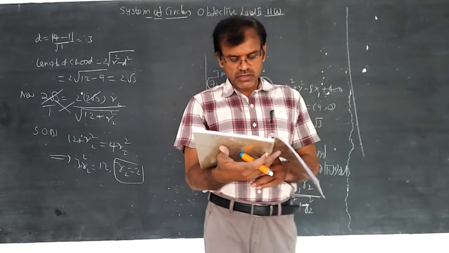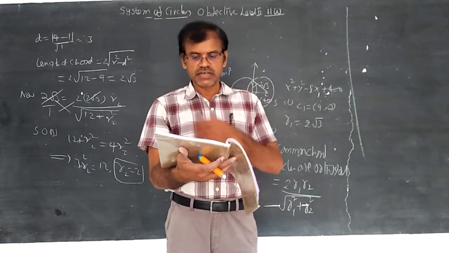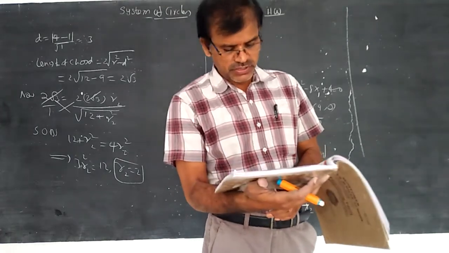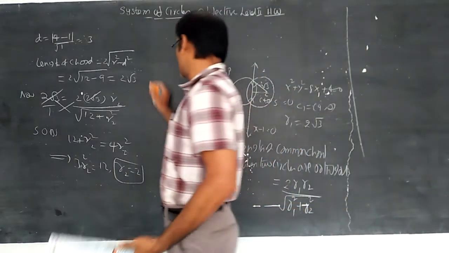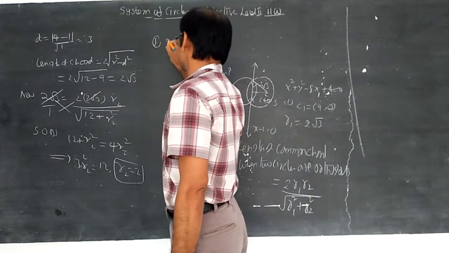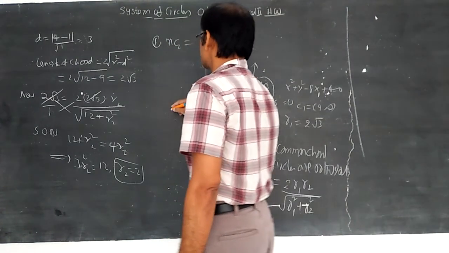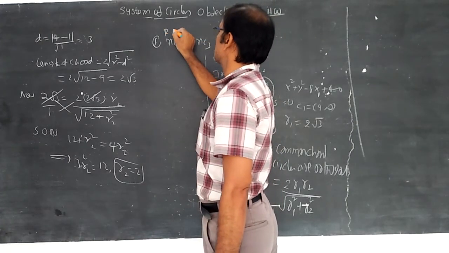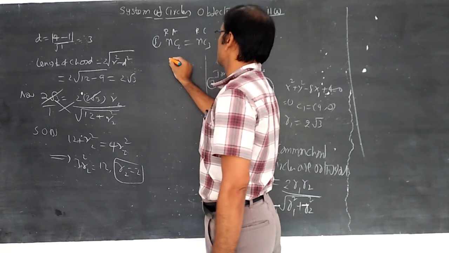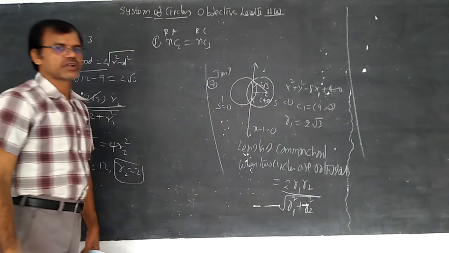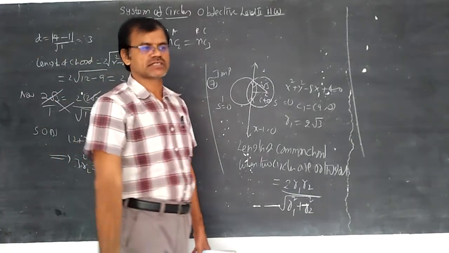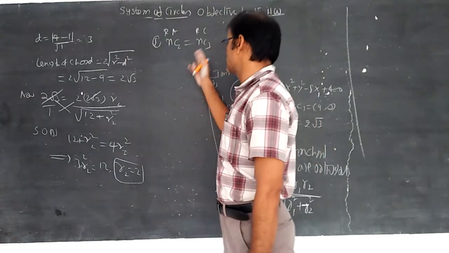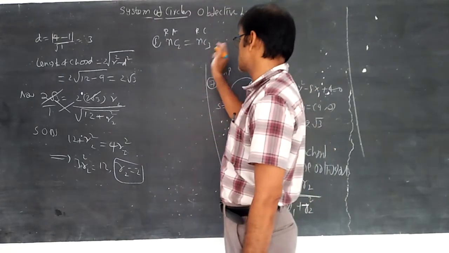Next, 8th question. Let n greater than or equal to 3 circles have different radical axes and radical centers. Find the value of n for which the number of radical axes equals the number of radical centers. Students, I said this in the synopsis concept. nC2 is the number of radical axes and nC3 is the number of radical centers, because among n circles, two circles are needed to get a radical axis, so the selection is nC2, and 3 circles are needed to get a radical center, so it is nC3.